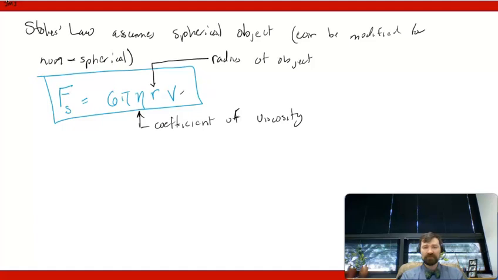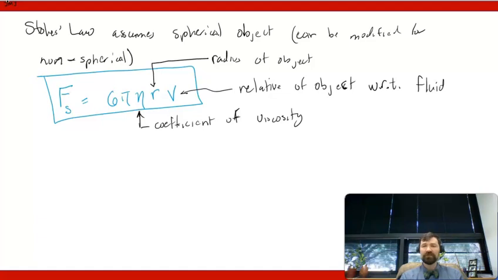And then this term right here is the relative velocity of the object with respect to the fluid. And so of course that could mean that the object is moving as viewed in our frame. It could also mean that the fluid is moving within our frame, or it could be both.